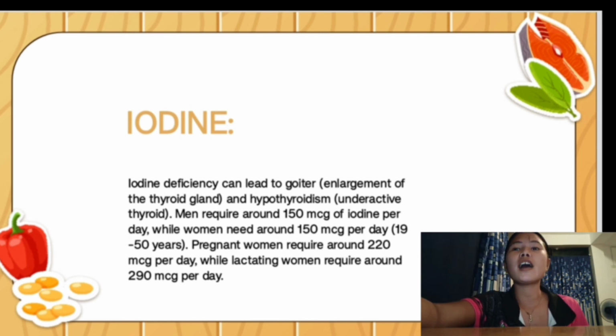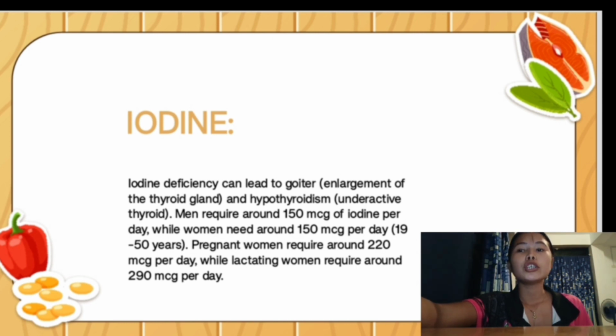Men require around 150 mcg per day. The age range is 19 to 50 years. Pregnant women require around 220 mcg per day, while lactating women require around 290 mcg per day.